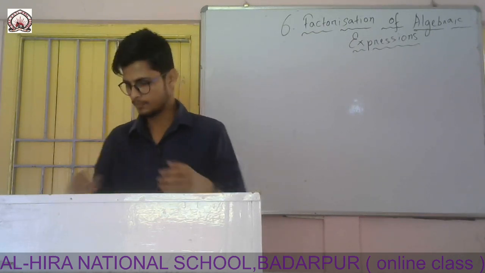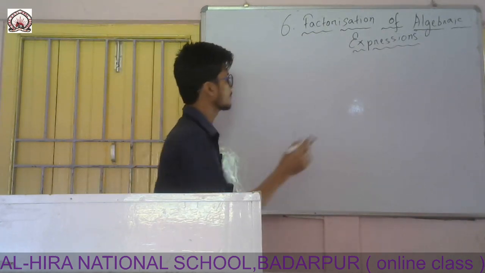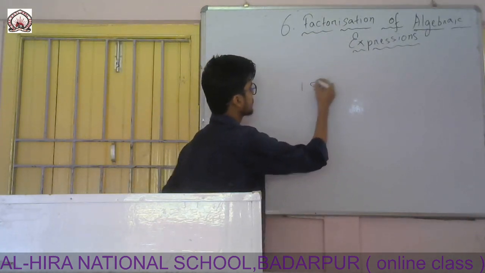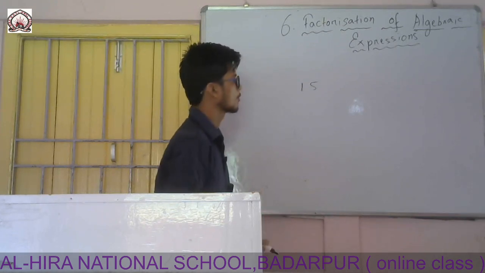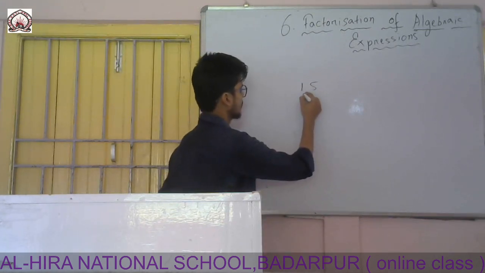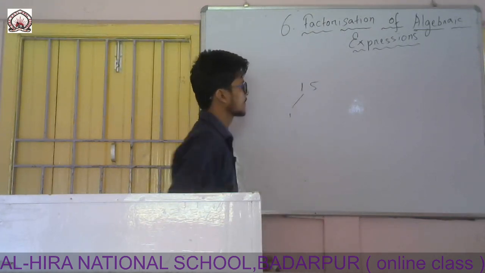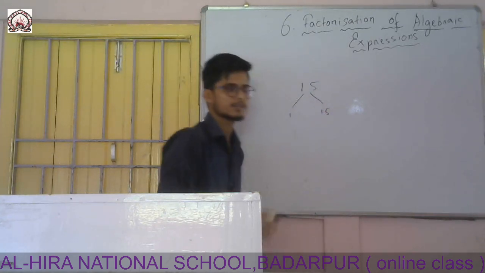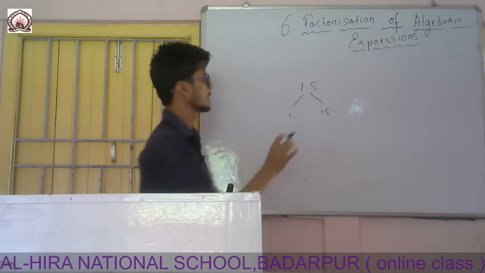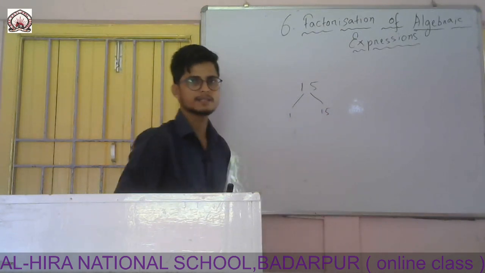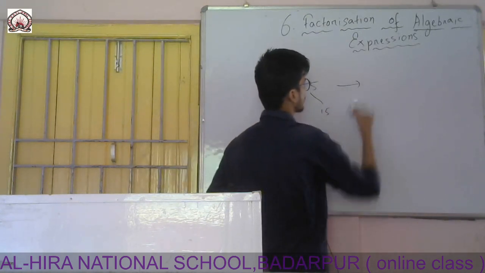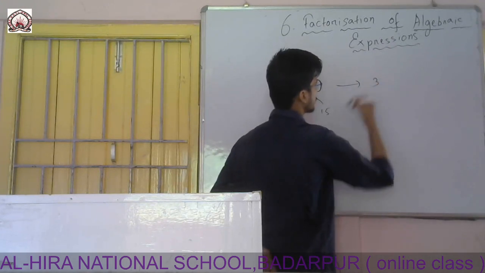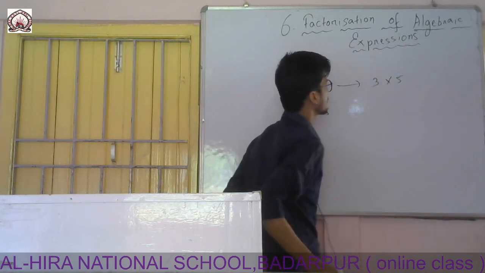Let me write an example. For example, 15. We know what its factors are. First of all, 1, because every number has one common factor, and the number itself. These are the first two factors that are common in every case, 1 and the number itself. Now if I break this, I will get 3 into 5, 3 5s are 15.